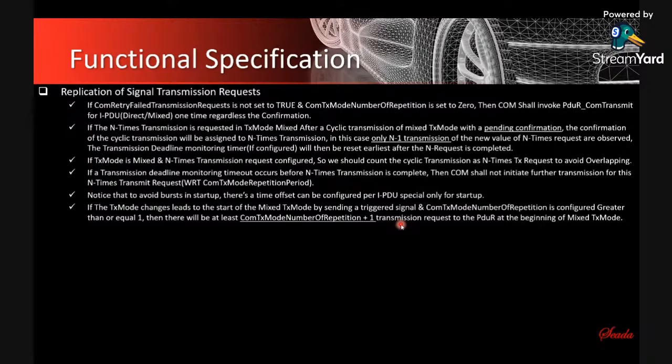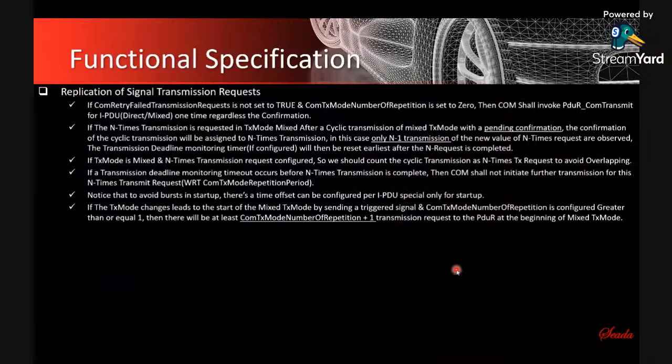As I told you at the beginning in our example, transmission deadline monitoring means the COM is supervising the lower layers. It has to make sure that this message goes out from the ECU in a certain time. If it doesn't go out in a certain time, it will discard the rest and will not complete the repetitions.